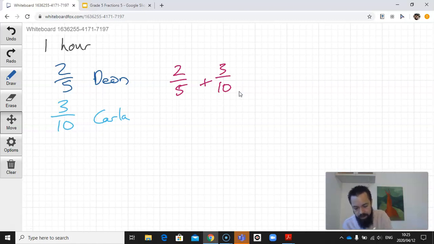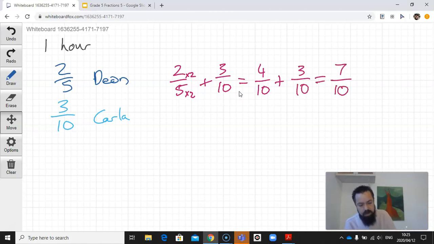Well, we first need to make our denominators the same. Times 2 equals 4 over 10 plus 3 over 10. So together they used it for 7/10 of the hour. So that's how much they have used it for.